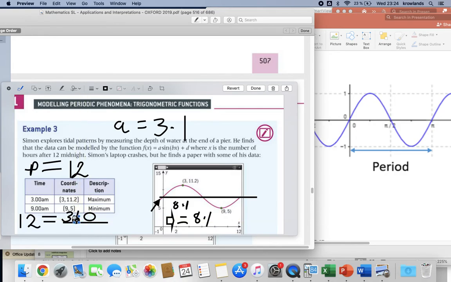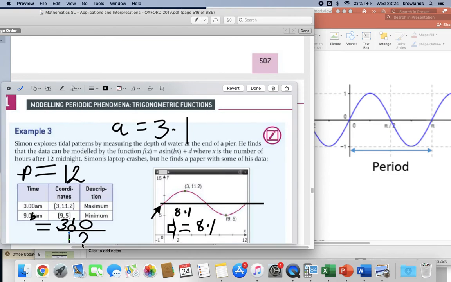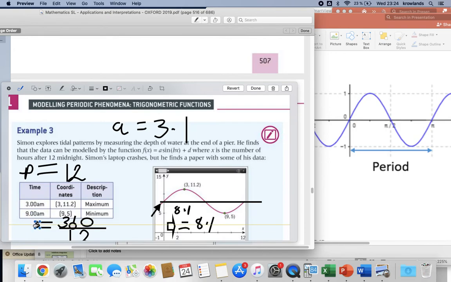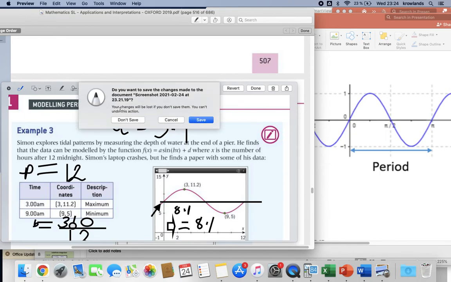To solve a simple fractional algebraic equation, the B is going to move up to the top, and the 12 is going to move down to the bottom. Simple as that. Then we're going to have B is equal to 360 divided by 12, which is going to be 30. So we've got A is 3.1, D is 8.1, and B is going to be 30.